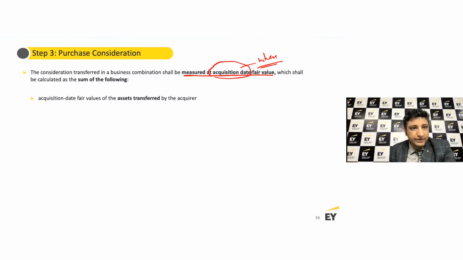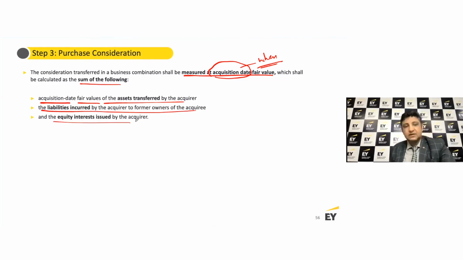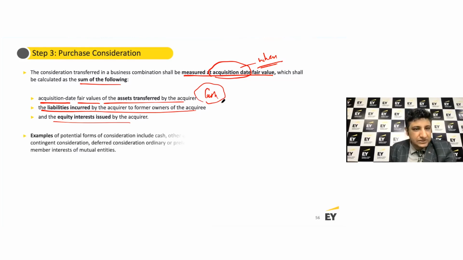Now, how do we really calculate the fair value? It is nothing else but the sum of the fair value of the assets, for example, transferred by the acquirer, or the liabilities assumed to the former owners of the acquiree, and of course, the equity shares or equity interest issued by the acquirer. This is going to be the sum total, and that would include, of course, your cash payments or the bank transfers, as the case may be.